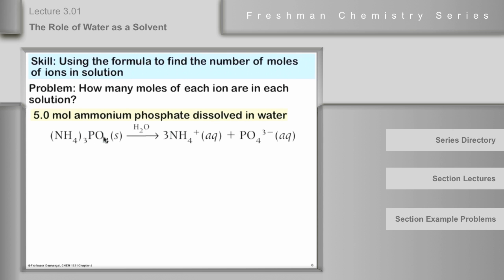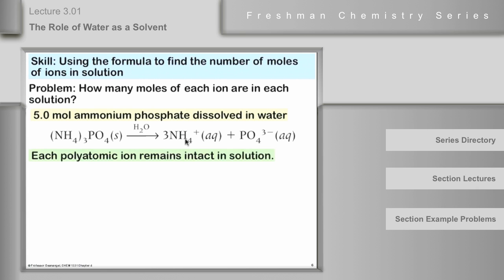So if we dissolve ammonium phosphate in solution, it's a soluble ionic compound, so it dissolves completely. It's very soluble, and it dissociates completely into 3 ammonium ions and 1 phosphate ion, for a total of 4 ions per mole of the compound.